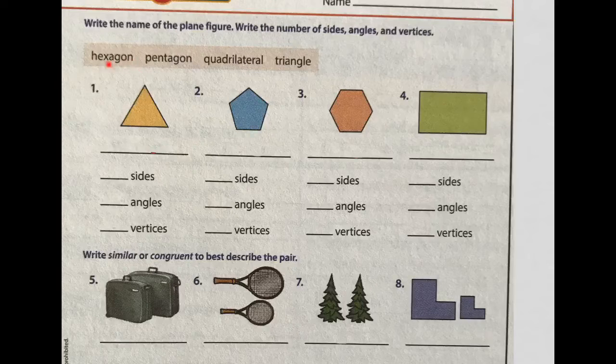They say hexagon, pentagon, quadrilateral, and triangle. You're going to write those names of the figures on these lines right here, and tell me what each figure is. Underneath each figure, you're going to tell me how many sides there are, how many angles and vertices there are. Be careful.